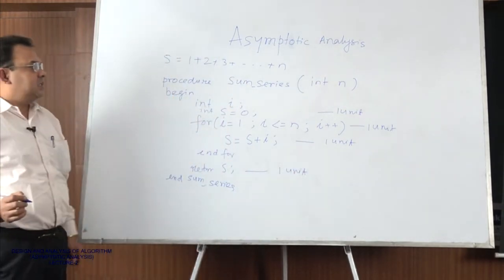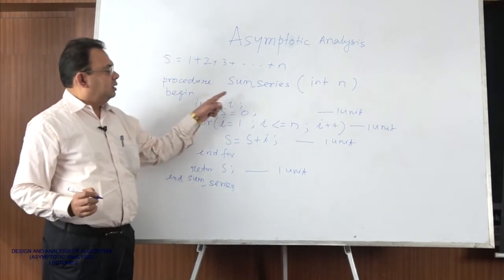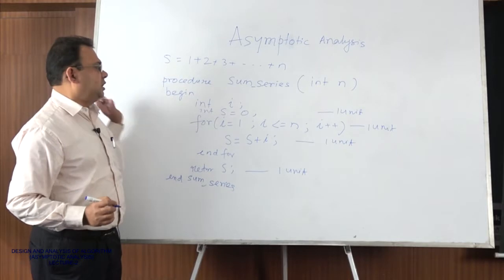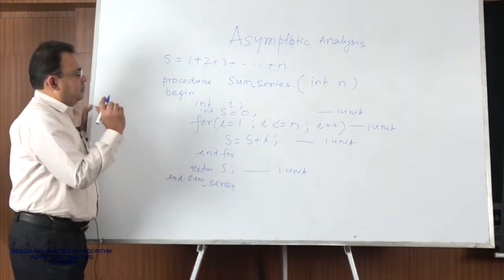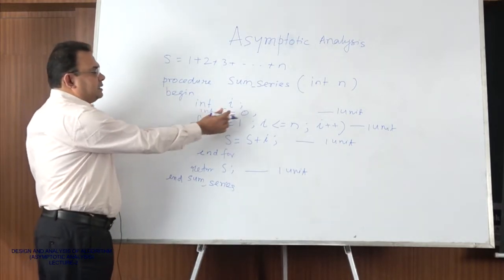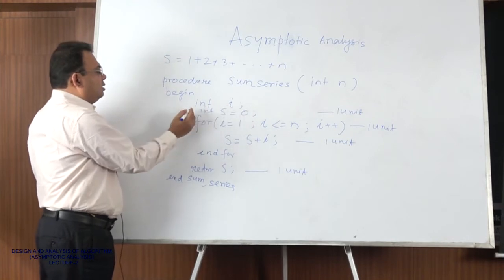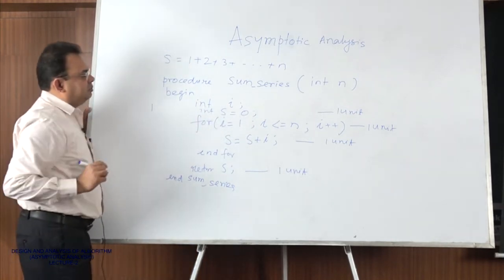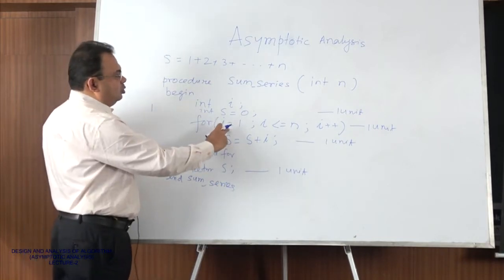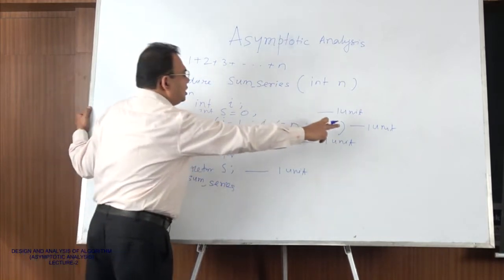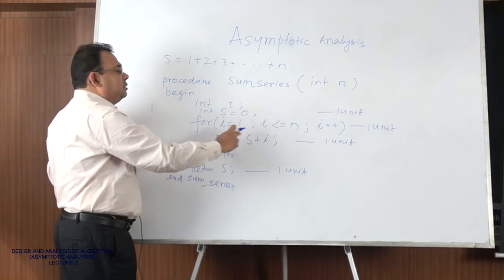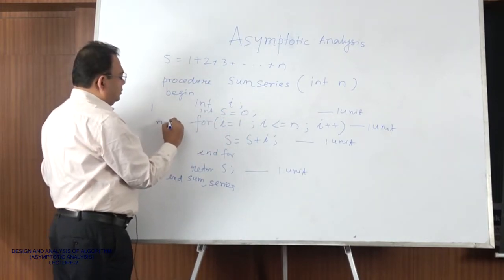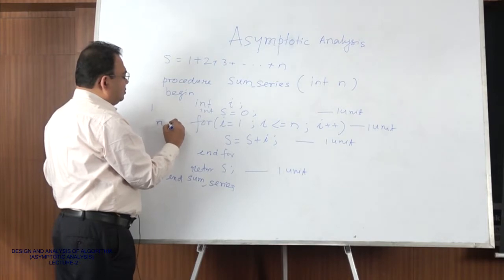Now let us understand how many units of time, in total how many counts, are required for this procedure. The assignment of 0 takes only 1 count. Now this for loop, every iteration requires 1 unit of time. How many times is this iterated? n times, so n units.